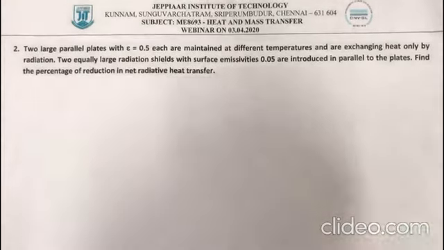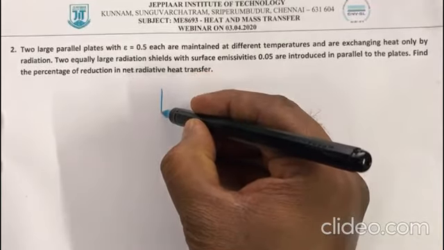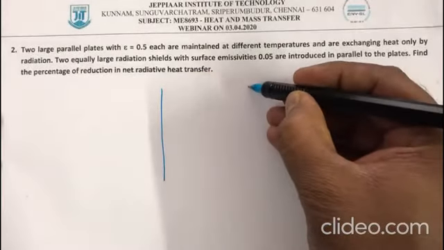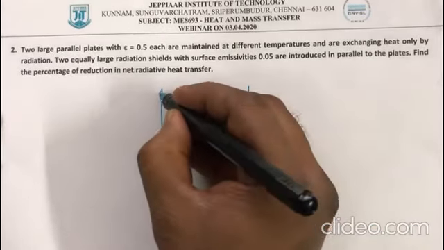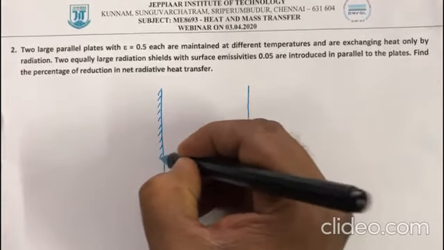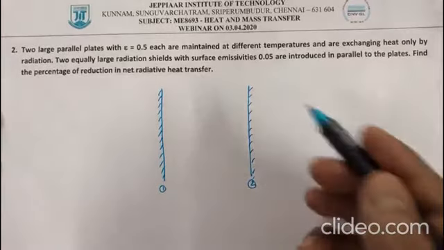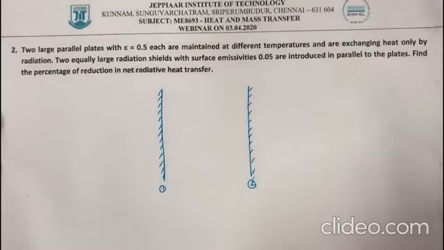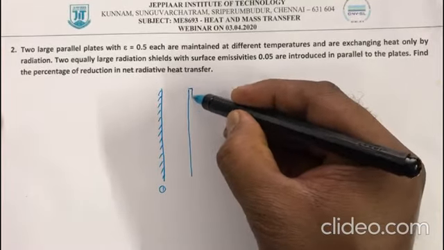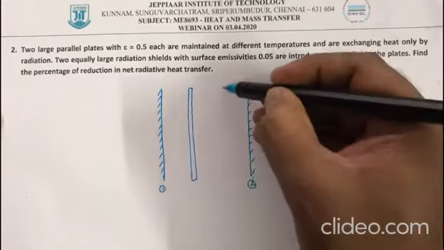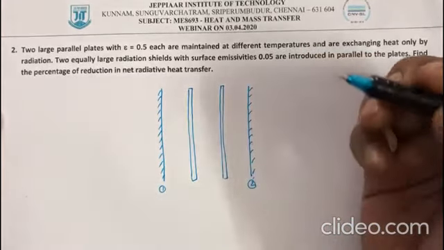So the schematic of this problem can be drawn like this. So we have a plate here 1 and plate here 2. So both these plates 1 and 2 are large and parallel, which means they have no boundaries, and in between these plates we are introducing two radiation shields which are also kept parallel between them.